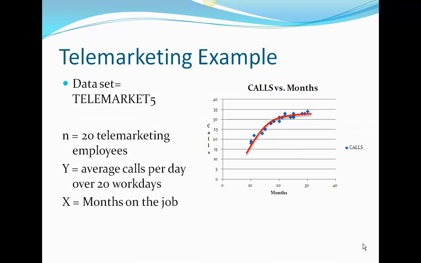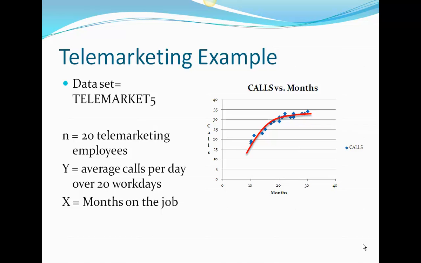We see that as the number of months on the job increases, the number of calls they make also increases, but at a decreasing rate over time. It's like they're gaining experience, they're able to make more and more calls, but they can't just keep infinitely increasing. That rate of increase tends to decrease over time. So we see increasing at a decreasing rate.